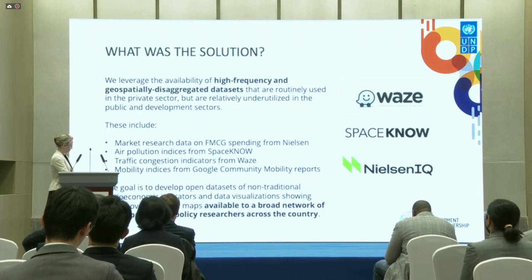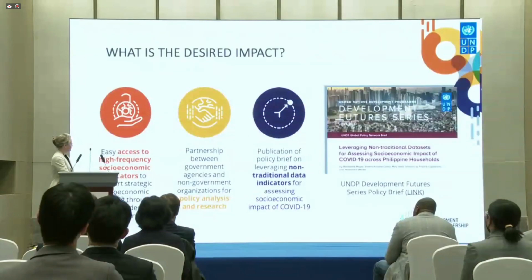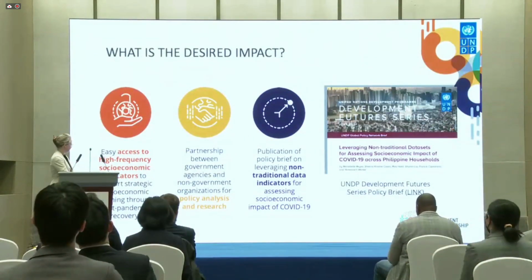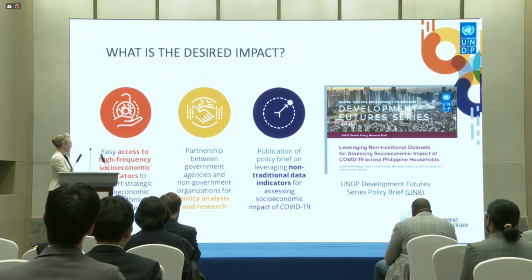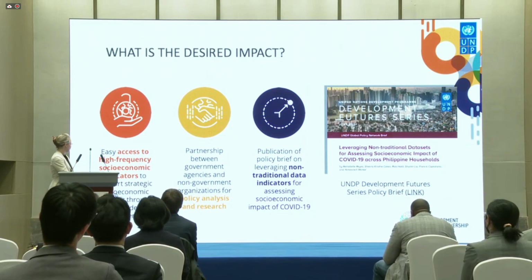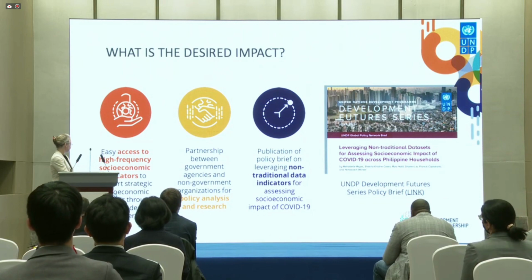So in the next slide, we embarked on this data exploration exercise, and we're still in the middle of it, with these three major impacts in mind. So first is to have easy to access high frequency socioeconomic indicators for socioeconomic planning.